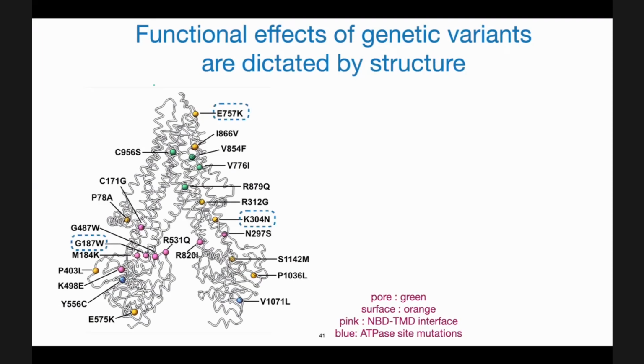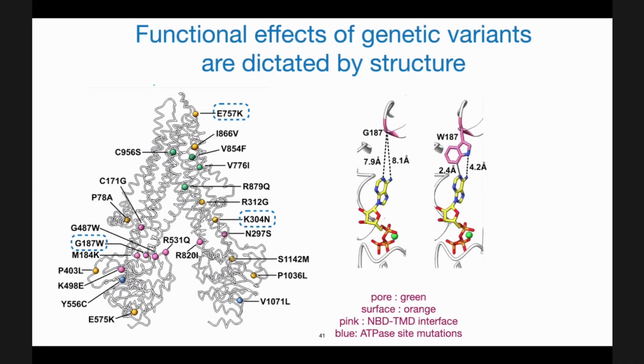And from all these 23, we mainly focused on E75K and K304 and G187 for the fact that they had high allelic frequency. And you can see that here, if G, which is a glycine, small, without any side chain, is mutated to W, which is a really bulky residue, it can actually cause clashes with the ATP bound and can really cause a significant problem here.